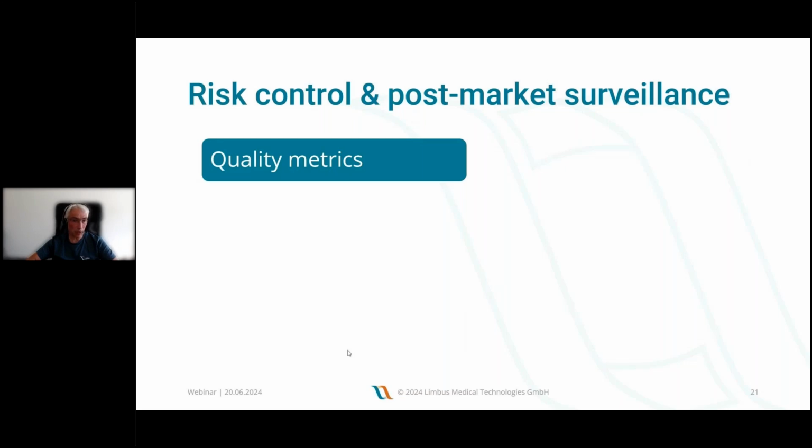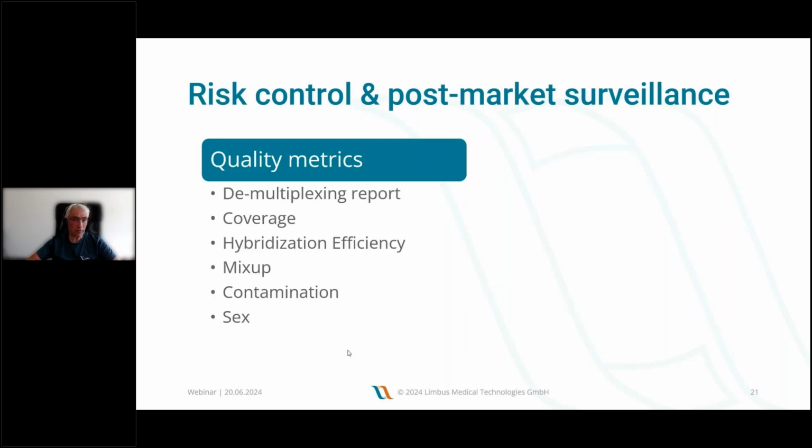We provide you with a wealth of quality metrics, like the demultiplexing report, where any errors with index barcodes can be identified. We have examples for that. We provide information about coverage and hybridization efficiency, which allows you to judge whether these steps in the wet lab workflow performed well.